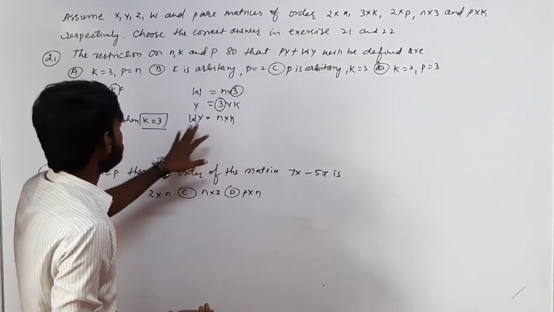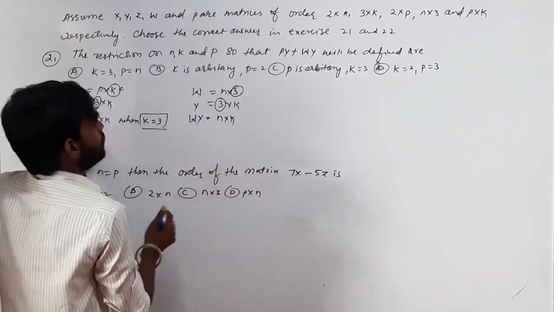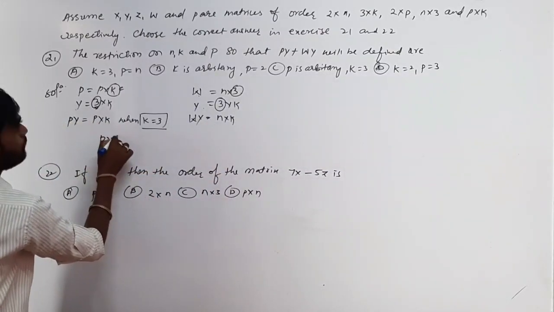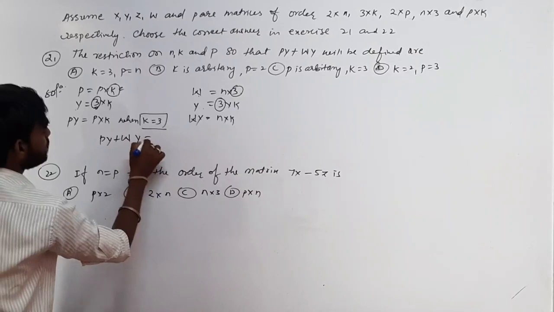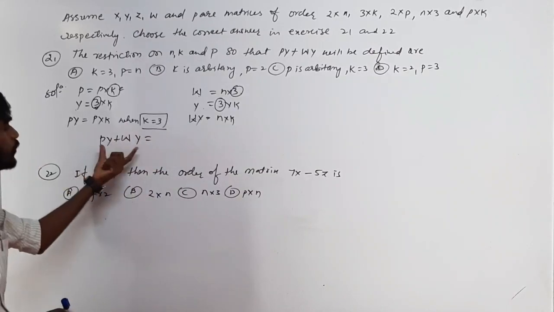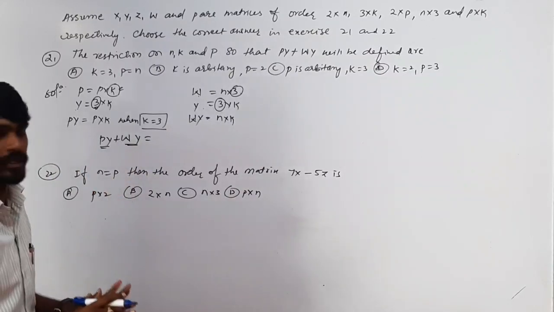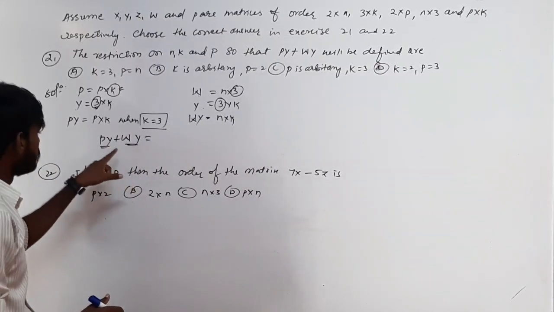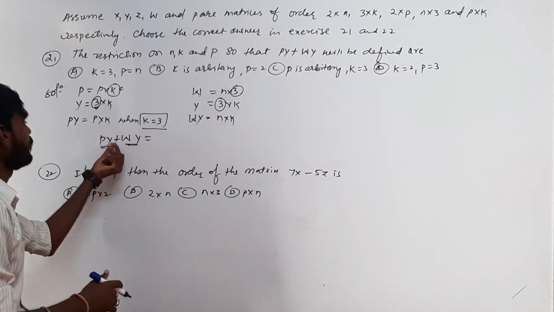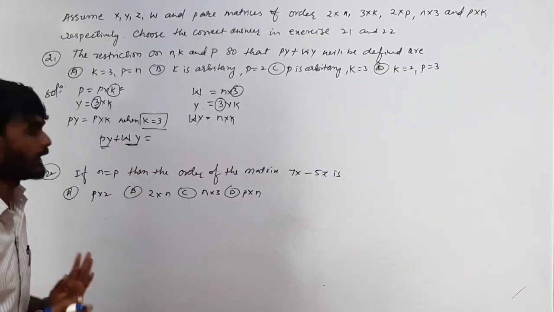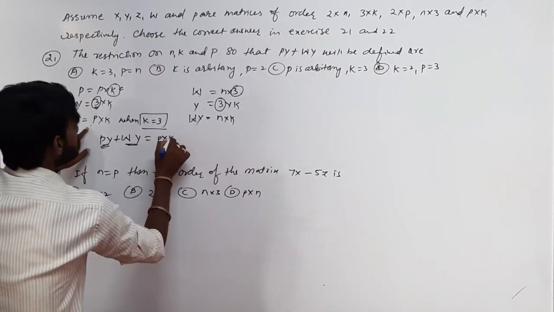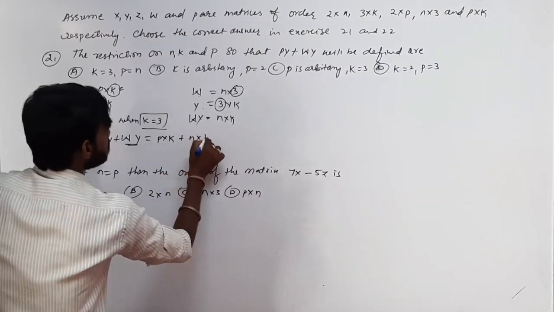So now these two matrices addition. We know that PY plus WY, when two matrices are added, their order must be the same. It's P cross K plus N cross K.